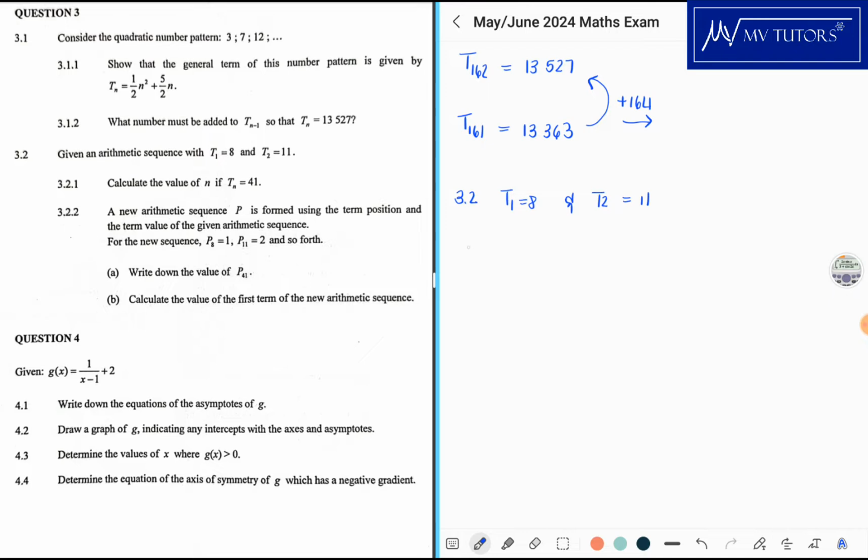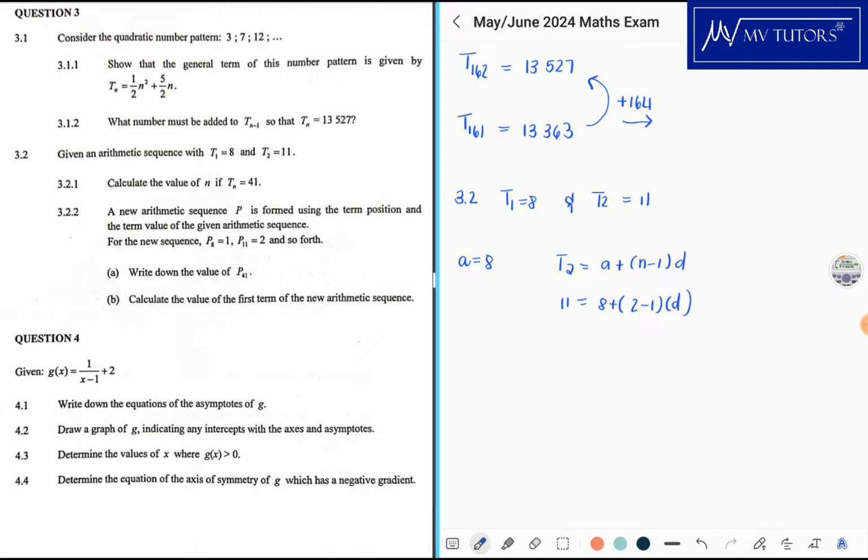Let's not even do the formula for term 1, because I'm just going to say a is 8, since that's the first term. Then term 2, which is 11, is a plus (n minus 1)d. So term 2 is 11, the first term is 8, and n is 2.